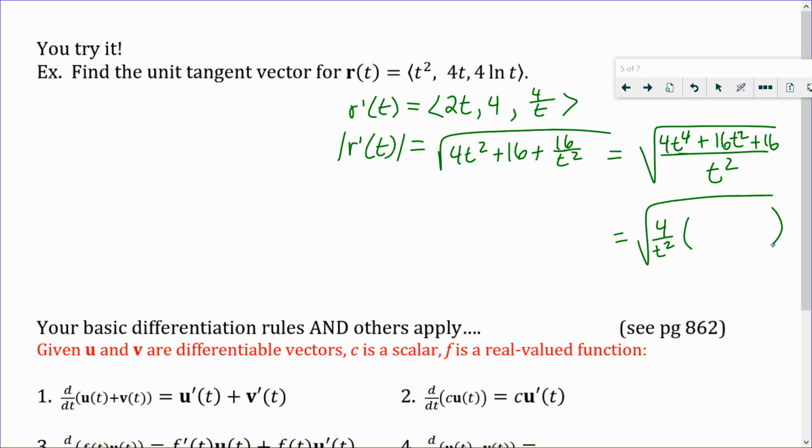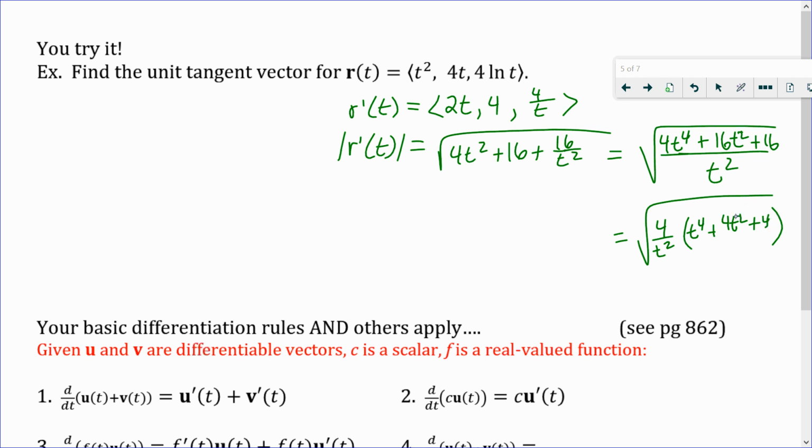If I take the 4 and the t squared out front, what's left on top? t to the fourth plus. Guys, I'm dividing the top by 4 and pulling it out. The t squared, I just wrote in front. So take the 4 out, t to the fourth plus 4t squared plus 4.